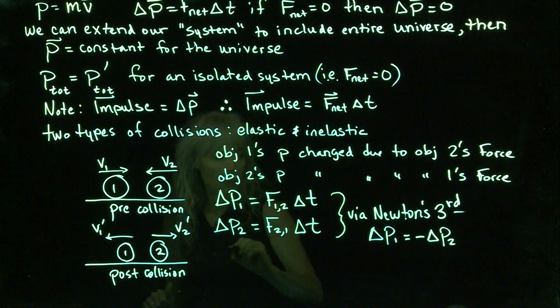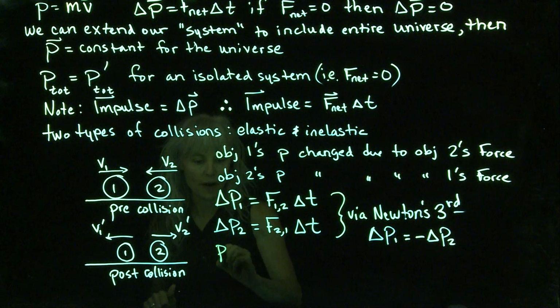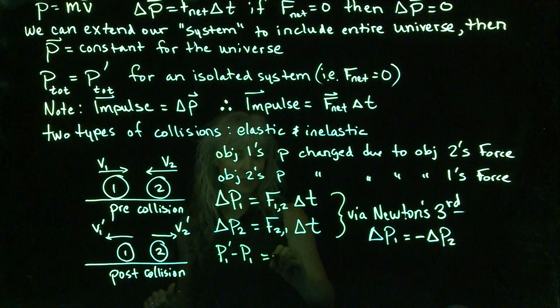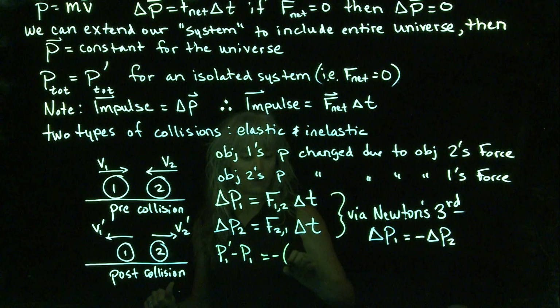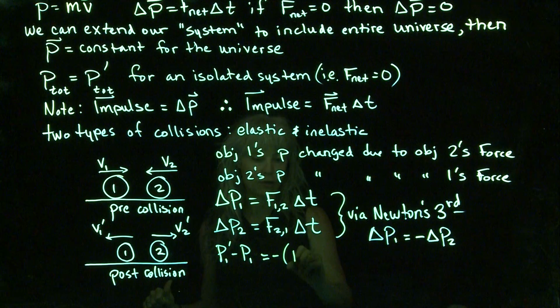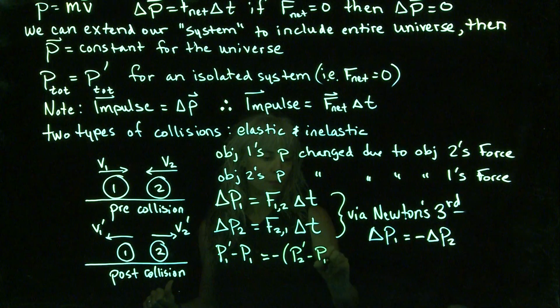So writing this out, this is the final momentum for object 1 minus the initial momentum for object 1, that's the change in momentum for object 1, is equal to the negative of the change in momentum for object 2. I need to open up parentheses so I can be sure to distribute this negative sign correctly. So this is momentum of object 2 final post-collisional minus the momentum of object 2 pre-collisional.